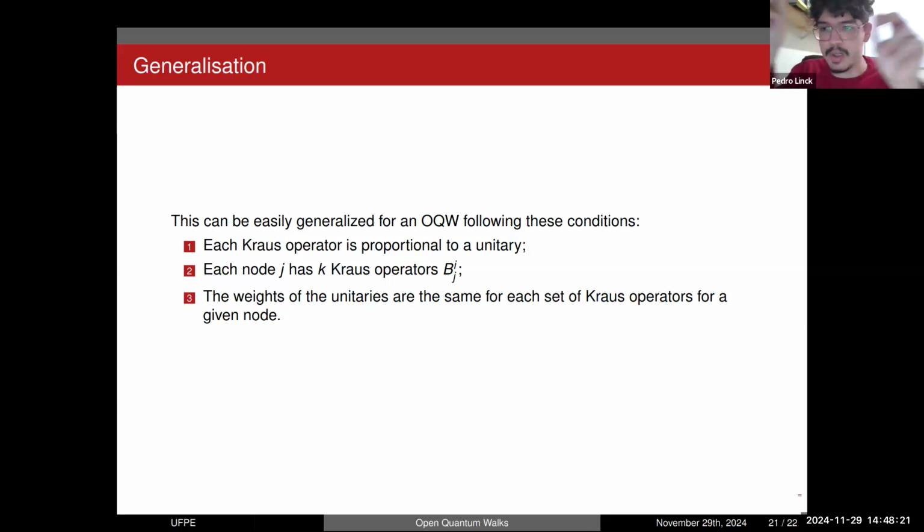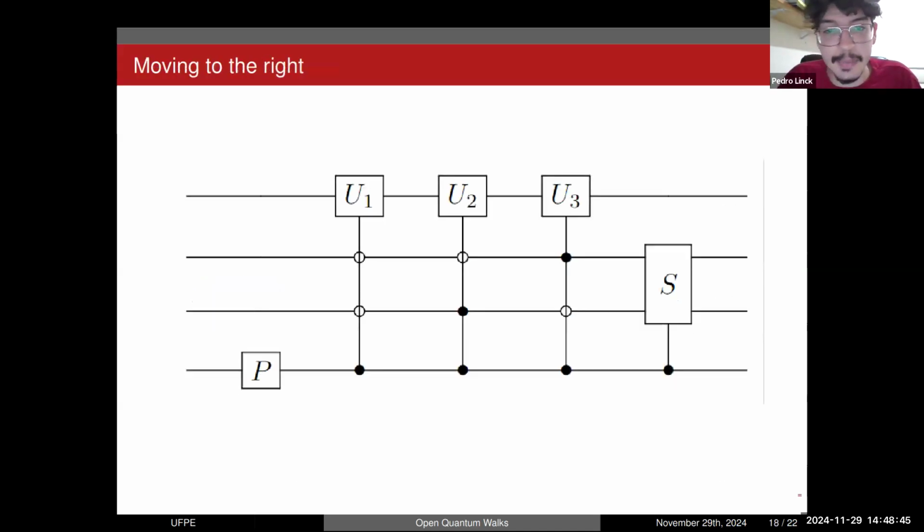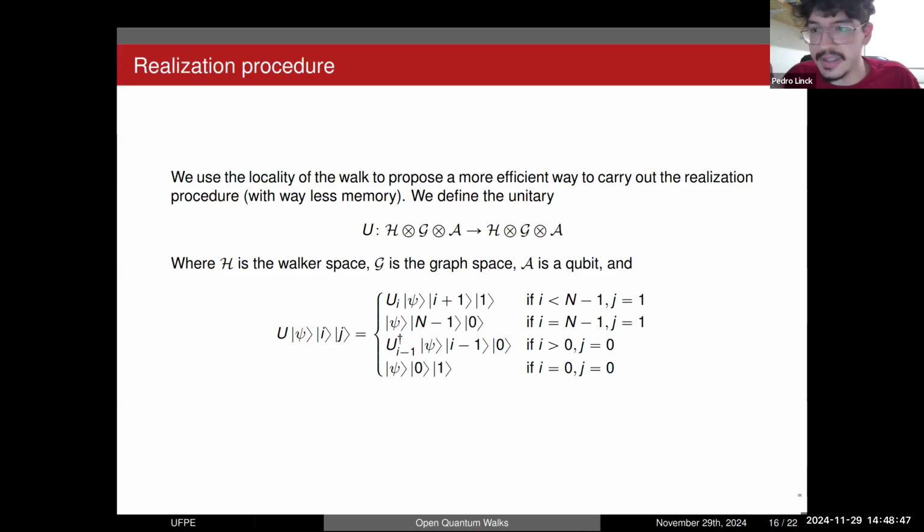If you have an open quantum walk where from each node you have three Kraus operators that are proportional to unitaries, for example, with weights lambda, omega, and nu, and in another node you have other unitaries, but with weights omega, lambda, and nu, and so on for each node, we can construct a similar unitary for this.